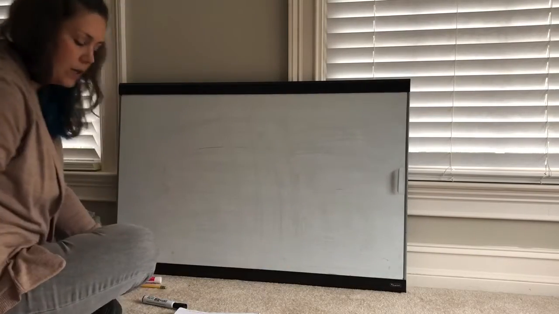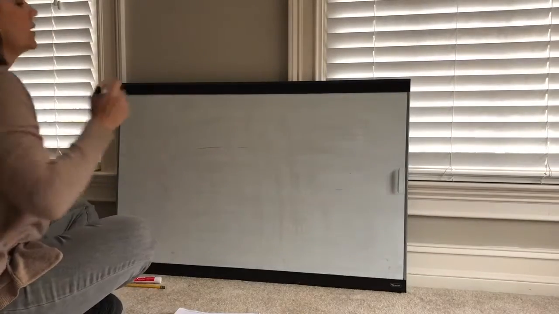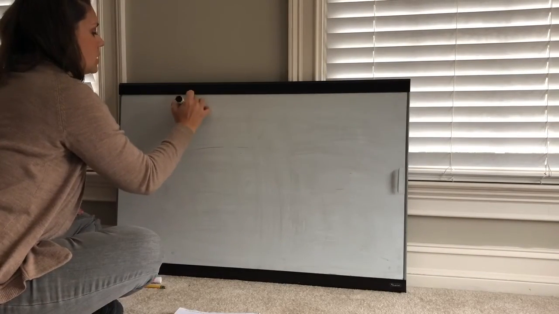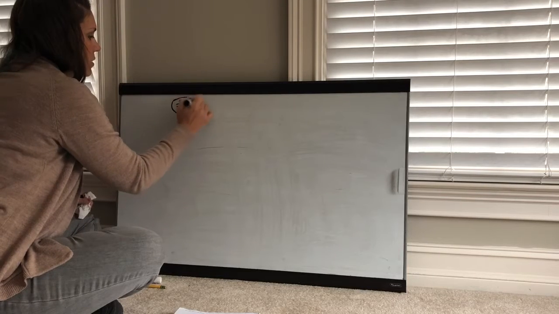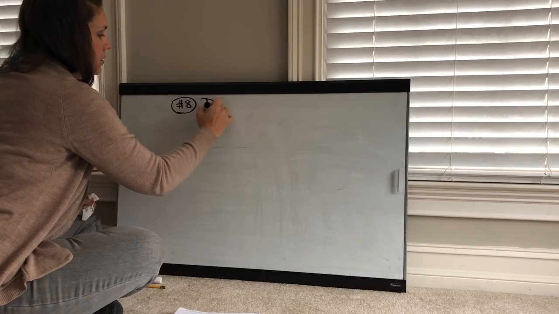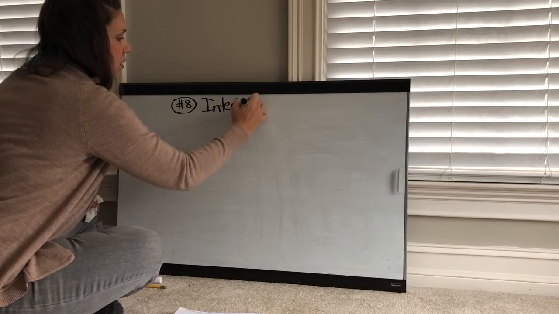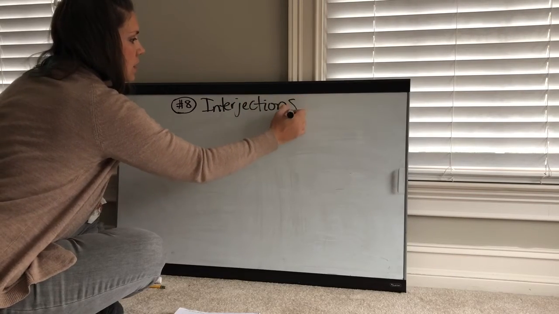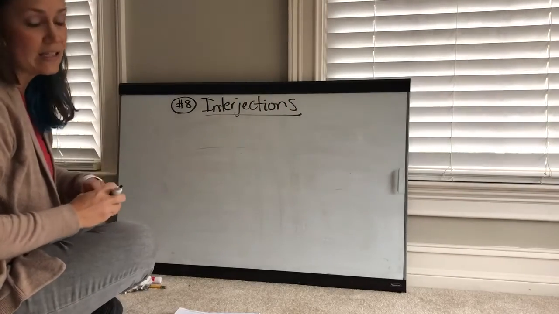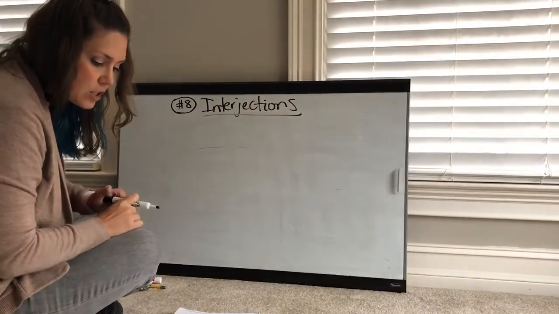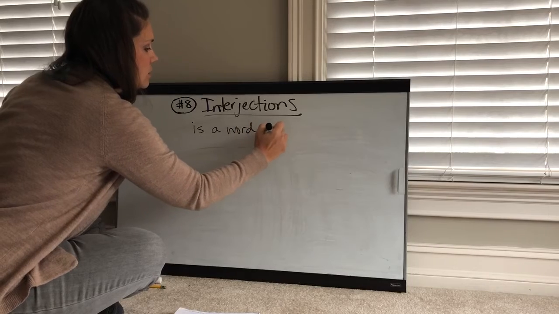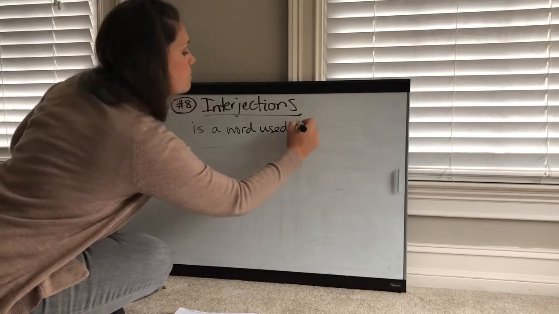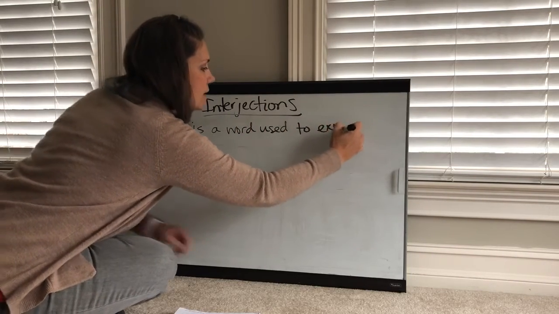If you're already looking with me on page 213, you recognize we are going to talk about the last part of speech, number 8, interjections. Interjections are super easy to spot. An interjection is a word used to express.